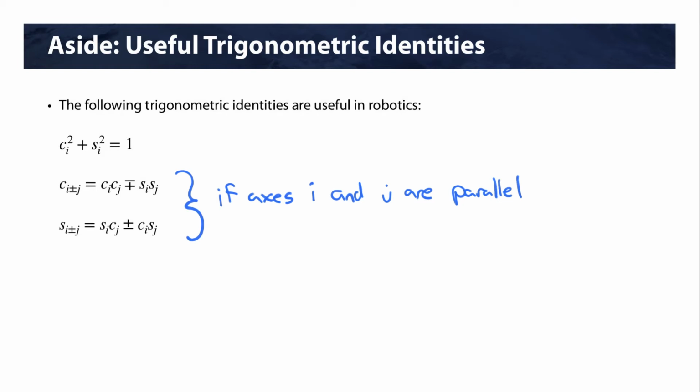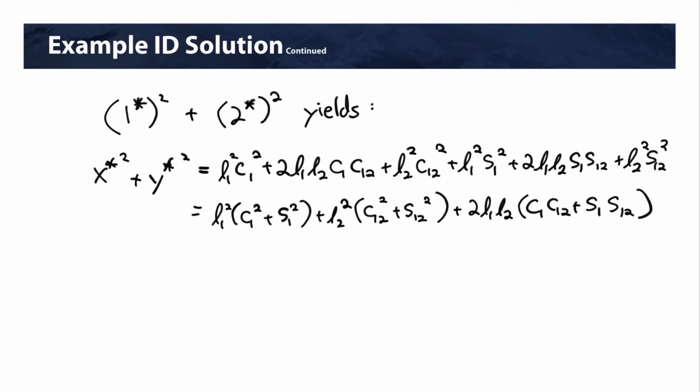So if we go back to our equations, we can see right away we have cosine squared plus sine squared here as well as here. So we can simplify those. We know that that just equals 1, and this one equals 1. Now if we look at this term, it's C1 C12 plus S1 S12.